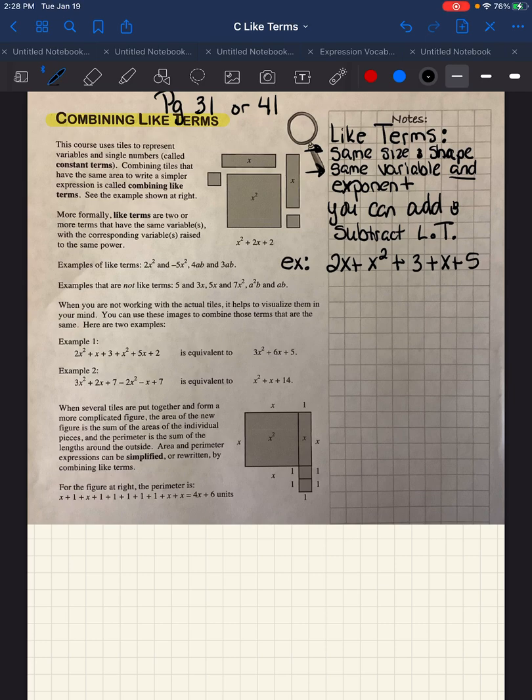The easiest way to do that is to mark them and then rearrange them so the like terms are together. So I'm going to go through here and go, okay, well, I have an x term there. I have an x term here, and I'm going to keep that plus in front of the x because it goes with it. The sign, the add, subtract, whatever in front of the term sticks with it.